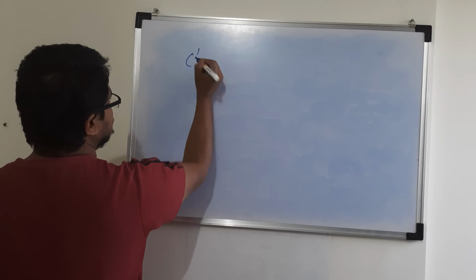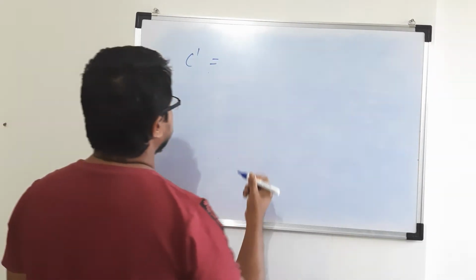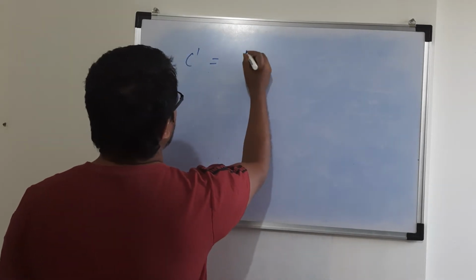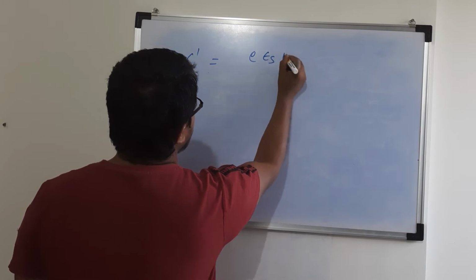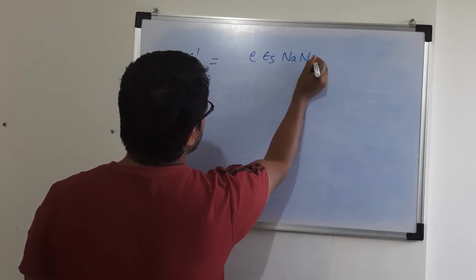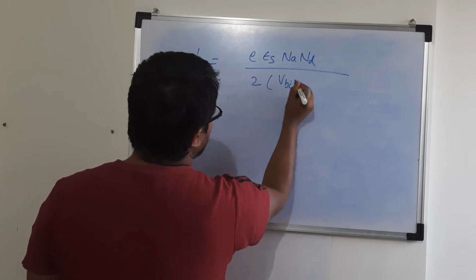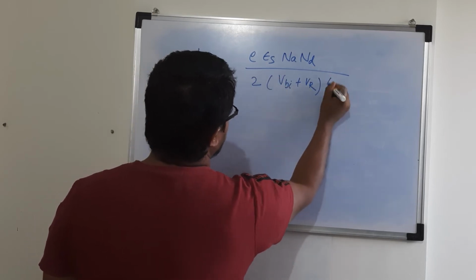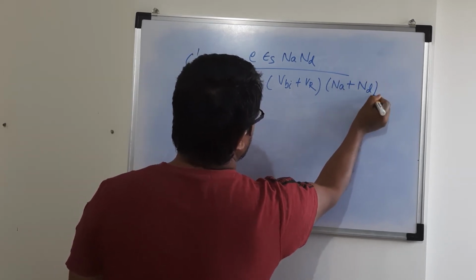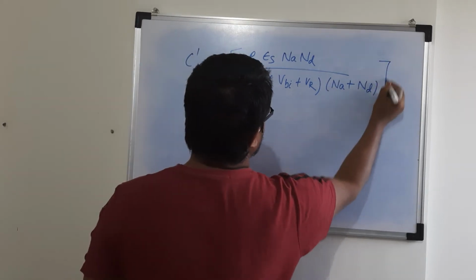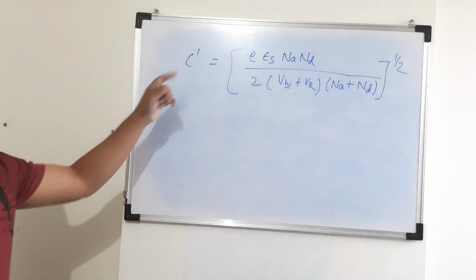If you remember, the junction capacitance for reverse applied bias in a PN junction we have already determined, and the value is C' = [e ε_s Na Nd / (2 (Vbi + Vr) (Na + Nd))]^(1/2). This is what we have already derived. This is the value of C'.